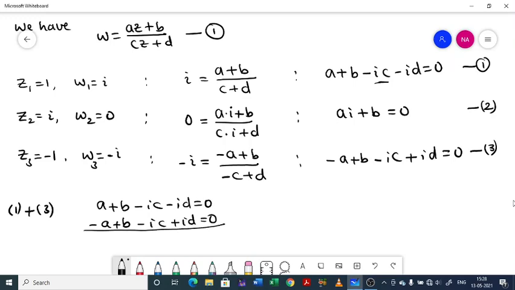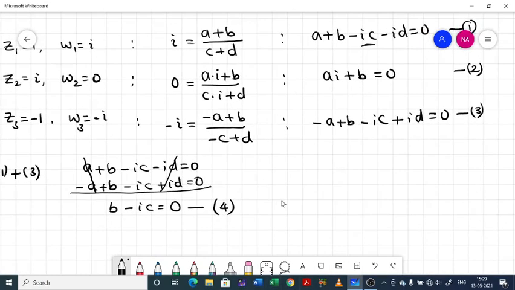Adding these two, minus A plus A get cancelled, and the iD terms get cancelled. So we get 2 times (B minus iC) equal to 0; dividing by 2 on both sides, B minus iC will be 0. That is equation 4.